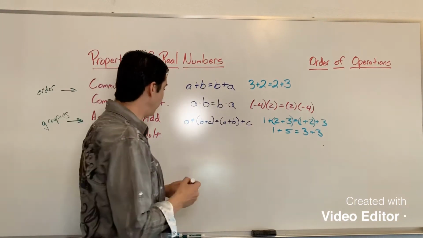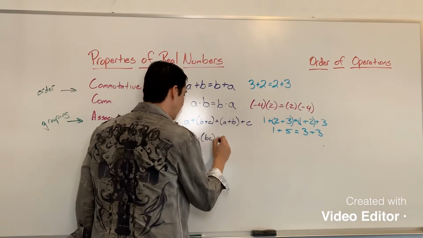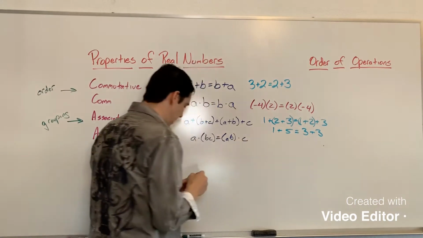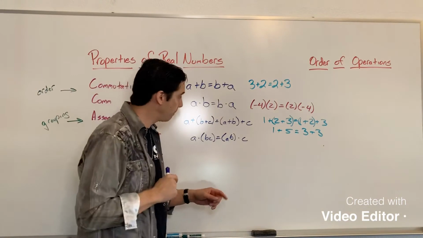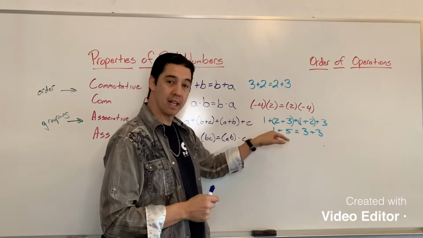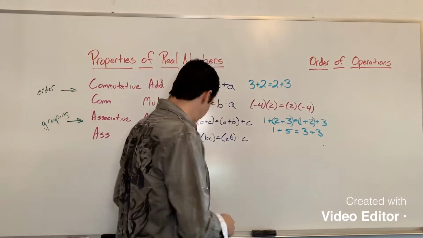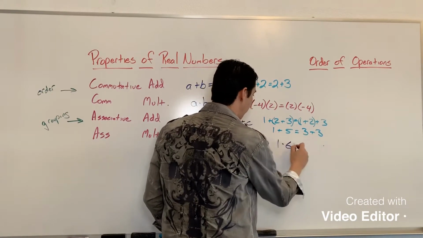Multiplication would be A times BC equals AB times C. And we can use the same numbers. I'm not going to write them down, but you should. 1 times 2 times 3 can be grouped any way it wants. 2 times 3 is 6 times 1.